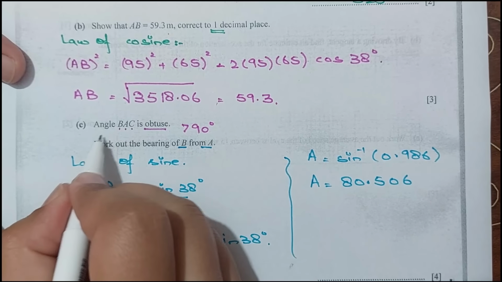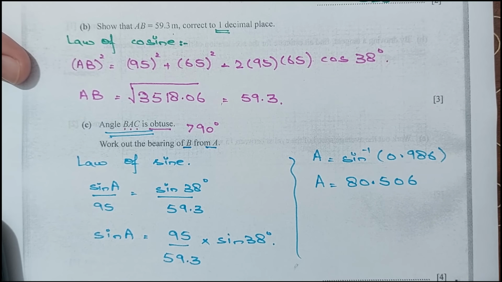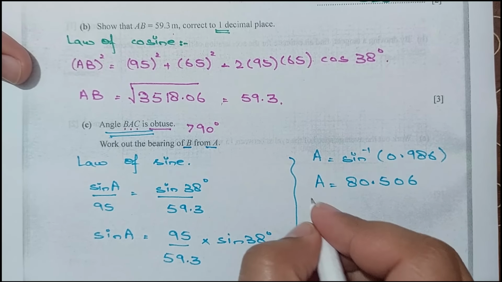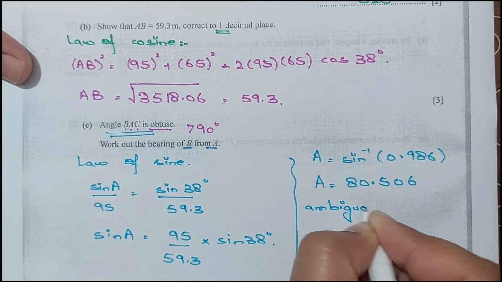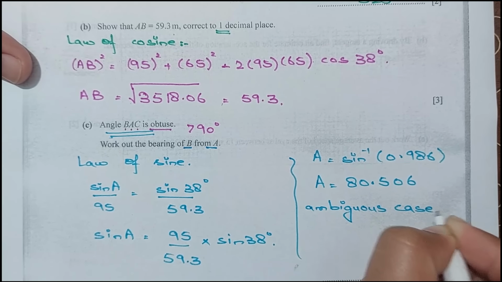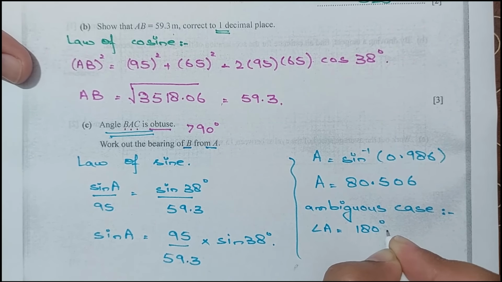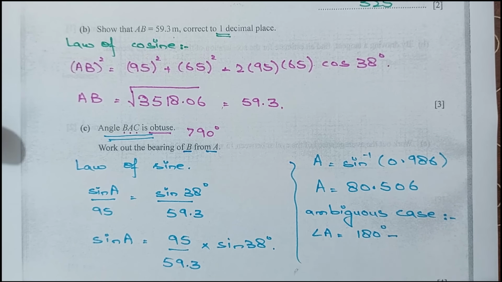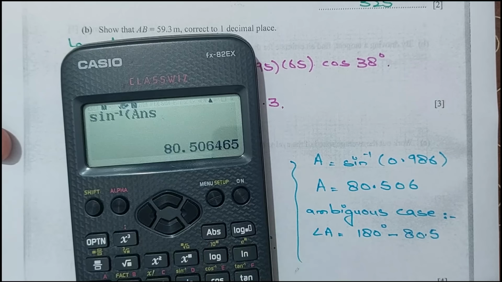It is given this angle is obtuse, more than 90, so we have to use the ambiguous case of sine law. To get angle A, we subtract this angle, 80.5, from 180. So 180 minus the answer equals 99.5 degrees. That is the obtuse angle.